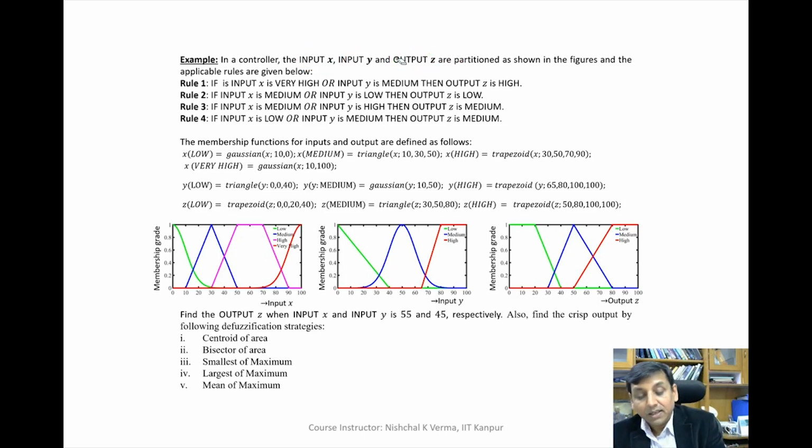So these input X, input Y, input Z are partitioned as shown in the figures here.